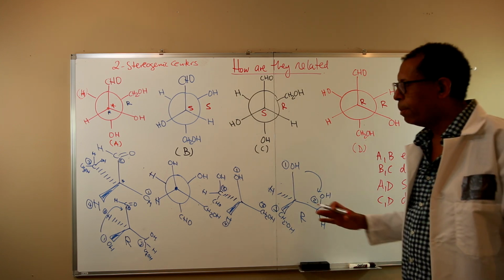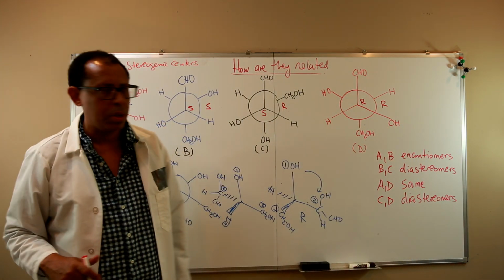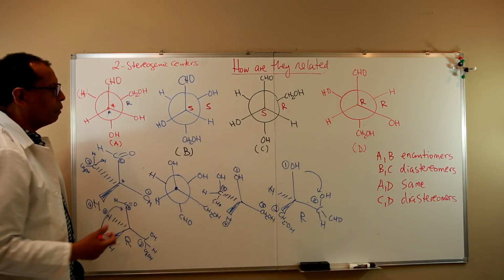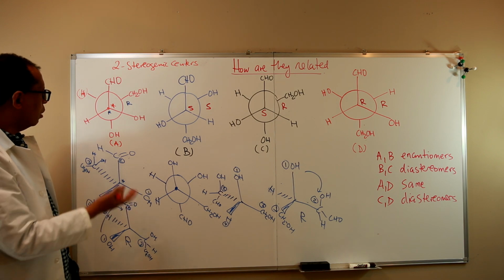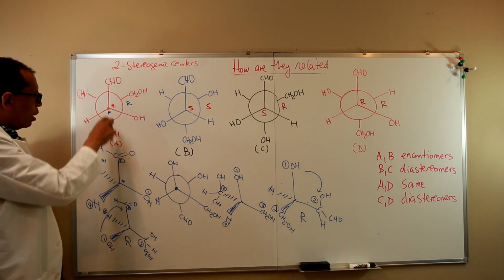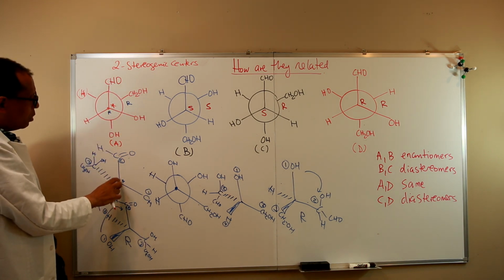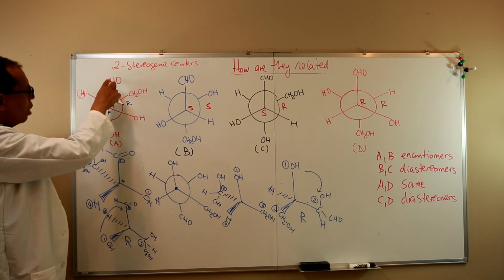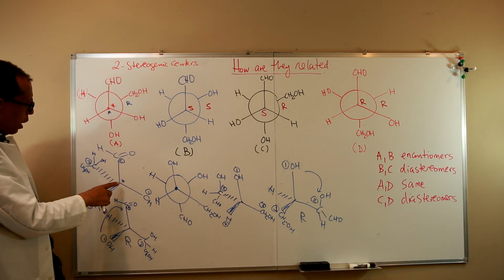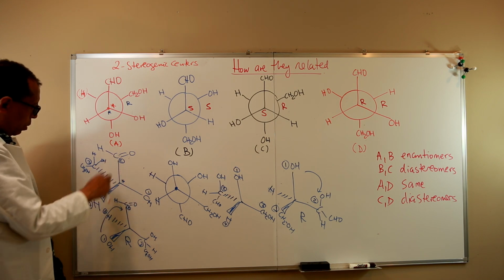Looks a little bit complicated, but once you figured out the first initial Newman projection, you would end up just solving it that easily. So the only thing is, as a recap, make sure that you have the Newman projection interpreted as the front OH, CHO, and H on the plane of the board is H and CHO.